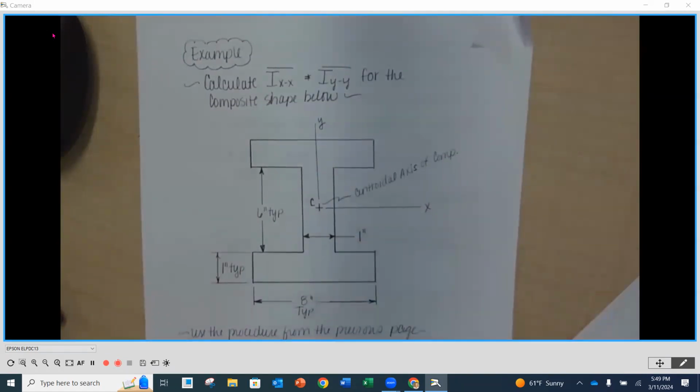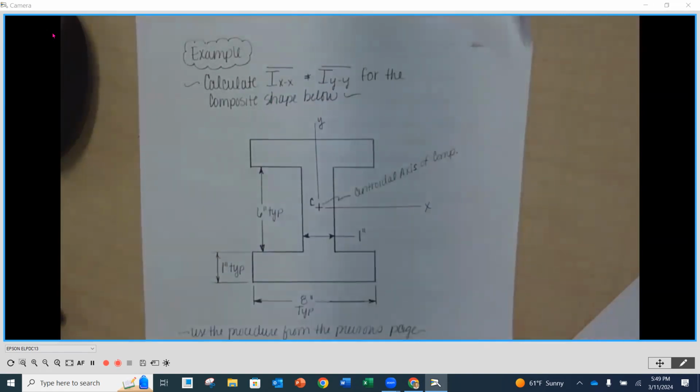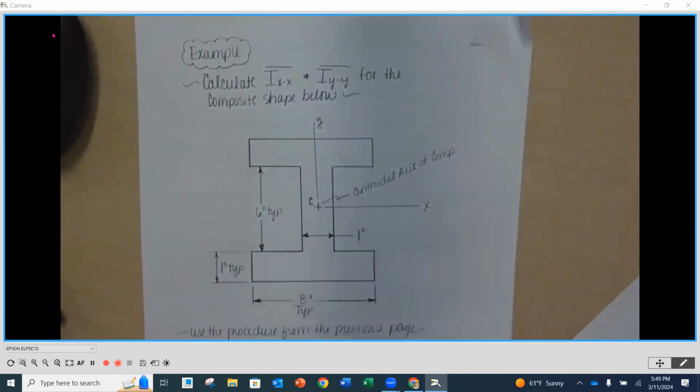Right now we have our reference axes, the x and y, right at the centroid of the composite. So each one of these means that we're getting the total moment of inertia about the centroid of this composite, because our reference axis is right there.